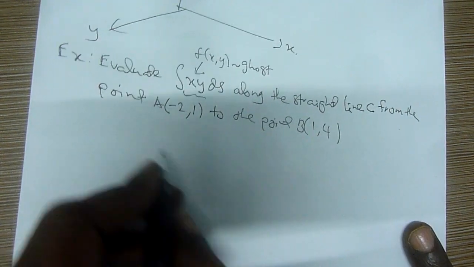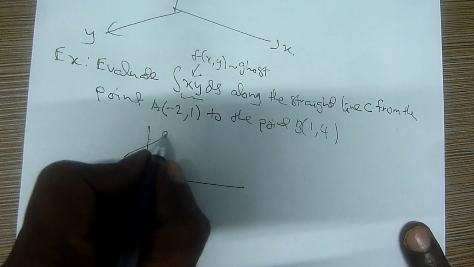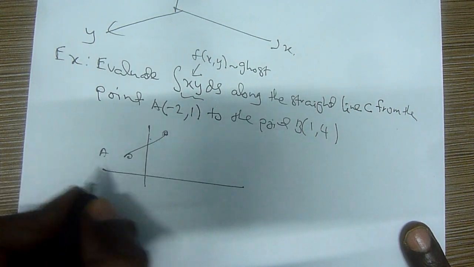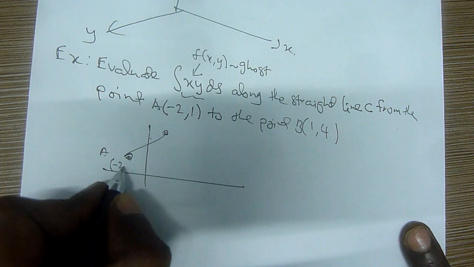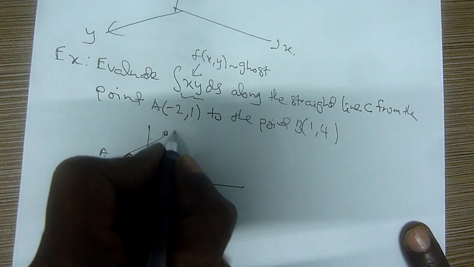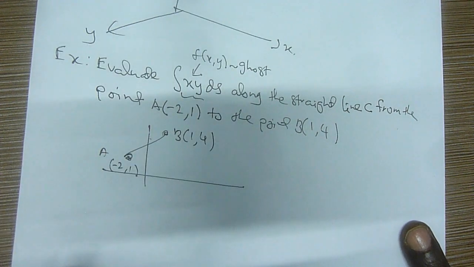Therefore imagine A is (-2, 1) and B is (1, 4).